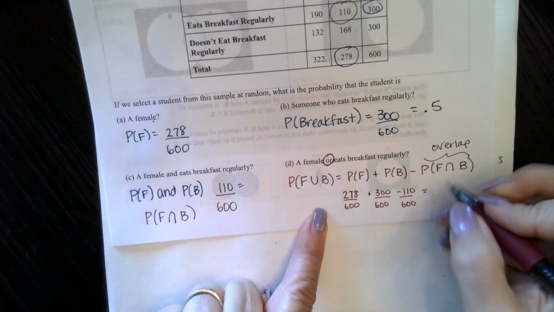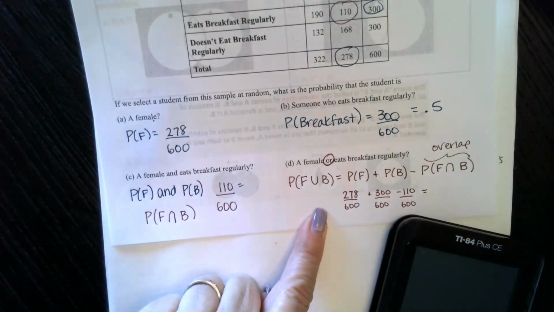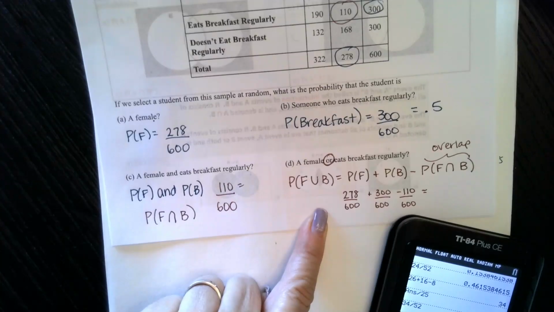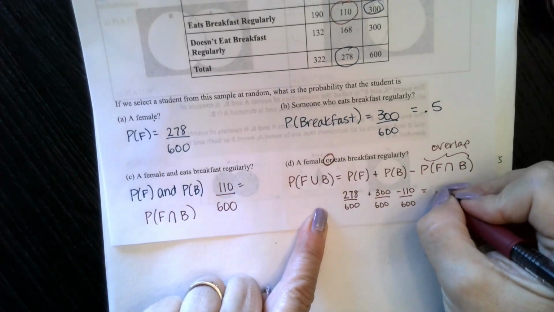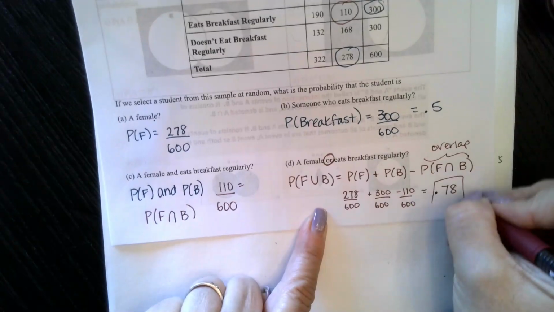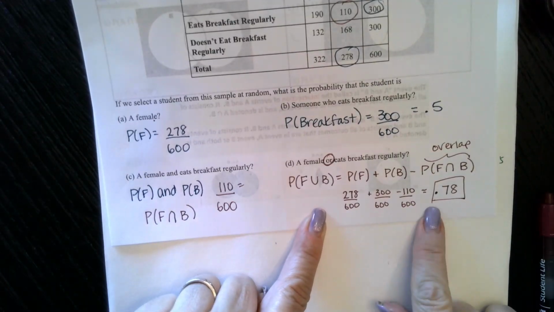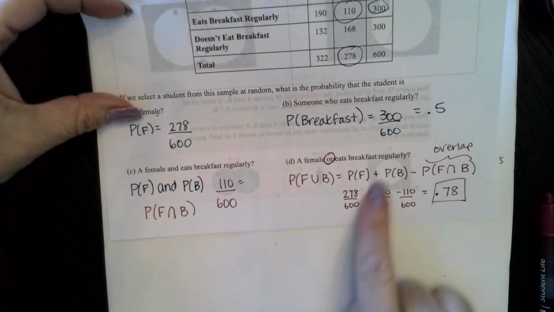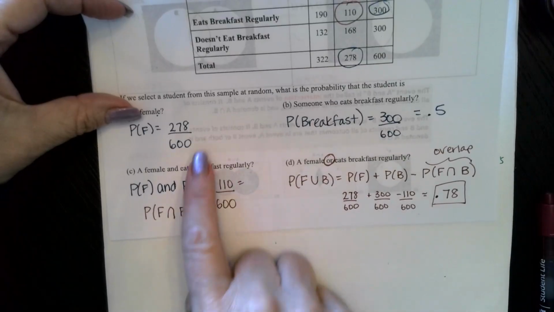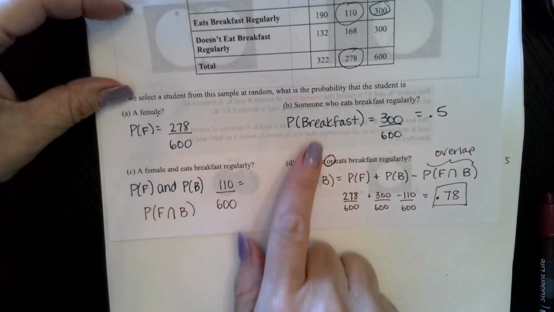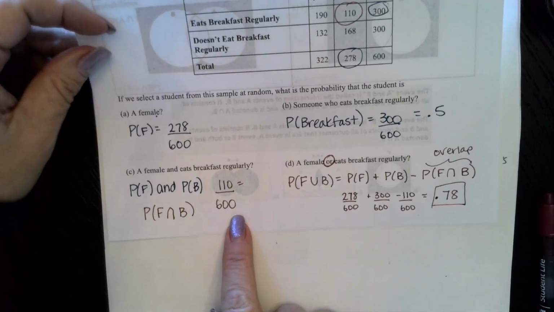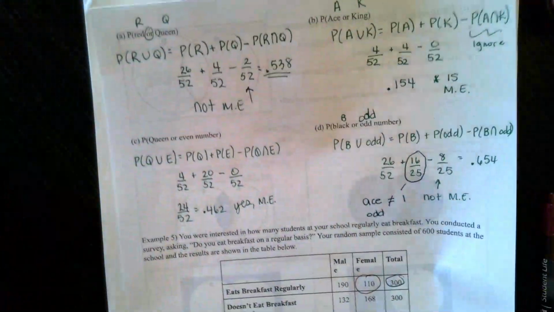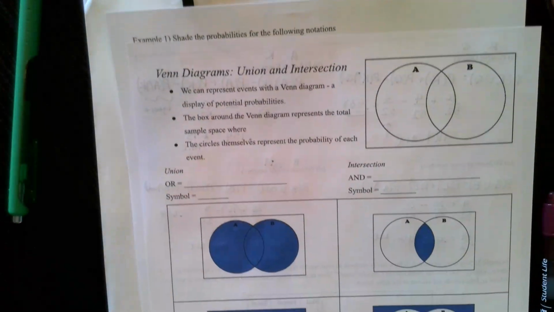Let's do this math real quick: 278 plus 300 minus 110 divided by 600, which is 0.78. Make sure you'll see it's going to go straight to this and or. Very rarely, these are not AP level problems, but you'll go straight to the ands and the ors down here.